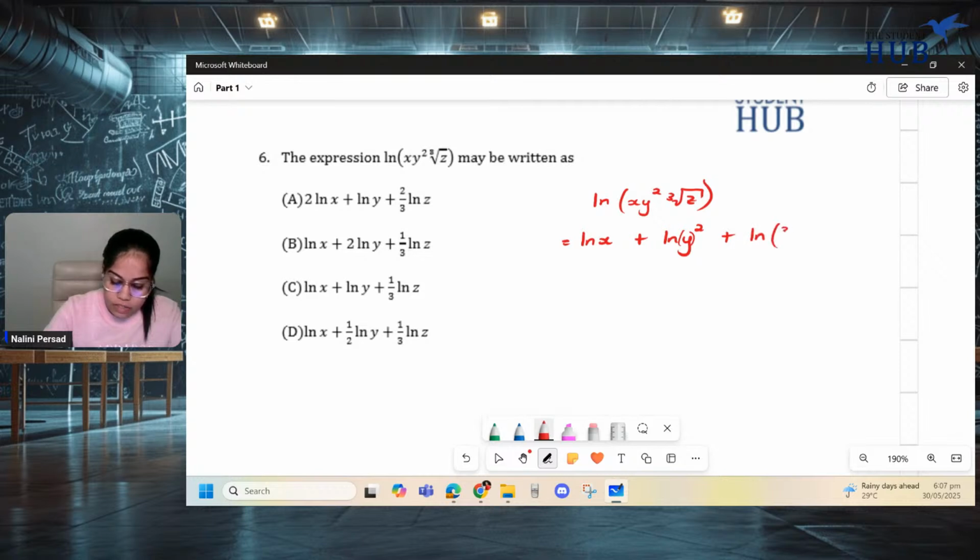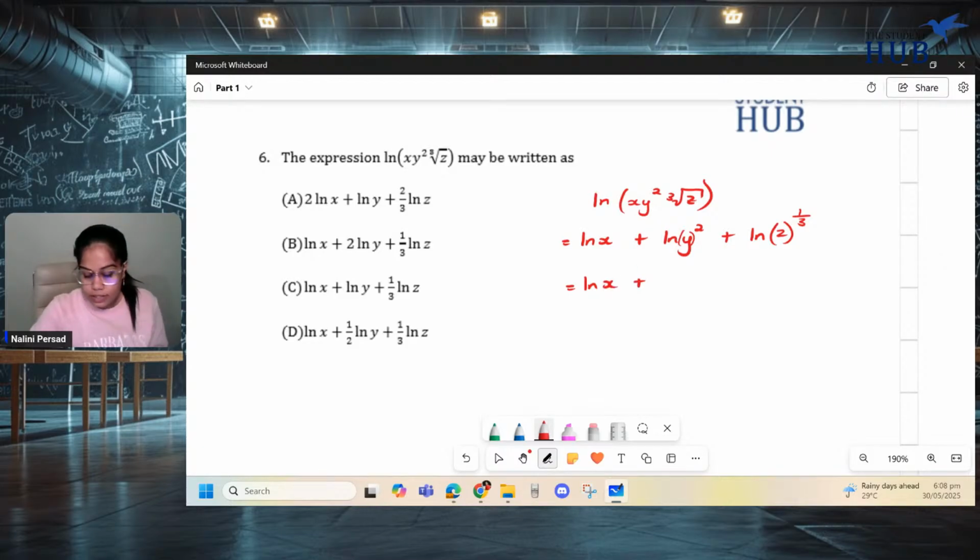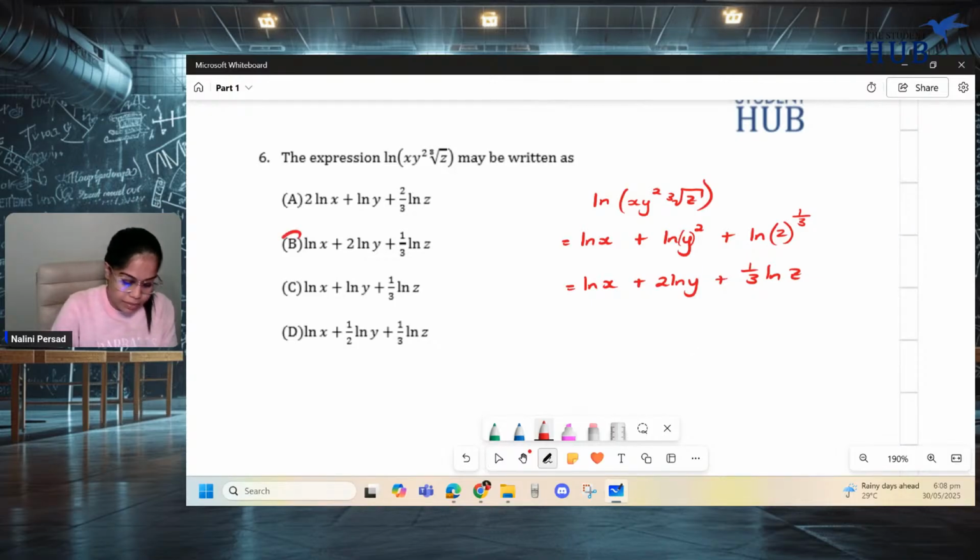Plus ln of the third root of z. This third root of z is the same thing as z to the power of a third. And the next ln rule that we're going to use is that we can take that power and put it in front of the ln. 2 ln y plus 1/3 ln z. And option D is correct.